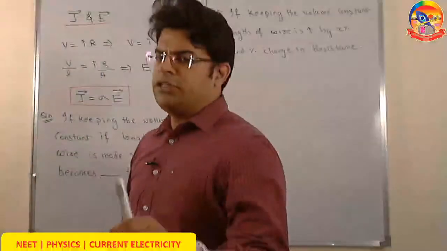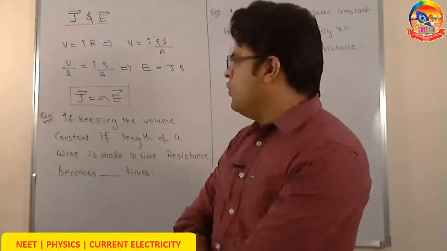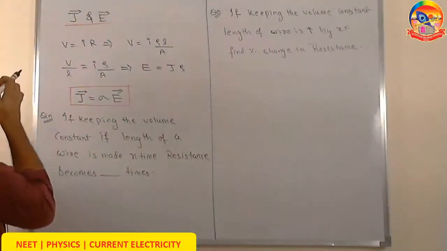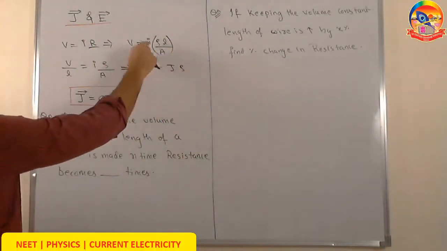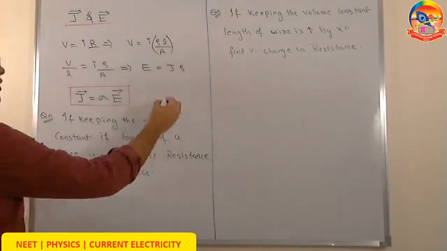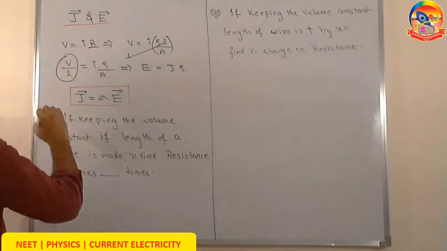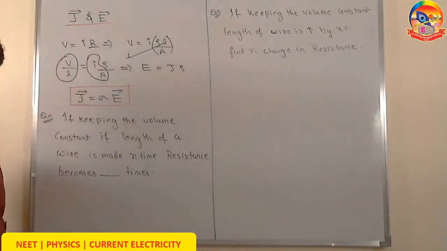So now, the relationship between current density and electric field, both are vector quantities. We know that from Ohm's law, V equals IR. In place of resistance, I can write rho L by A. So V equals I into rho L by A. If I bring this length here, I can write potential drop per unit length equals current per unit area into resistivity.